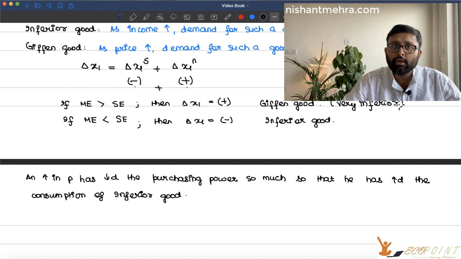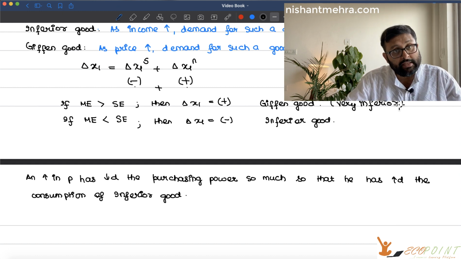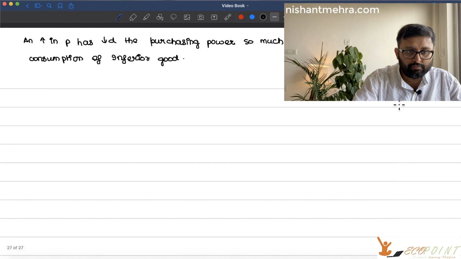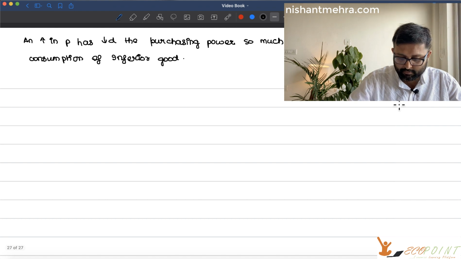And how do you know that? Because for both Giffen good and inferior good, the income effect is positive, right? But for Giffen goods, the income effect outweighs the substitution effect. That's the idea. So please write that.